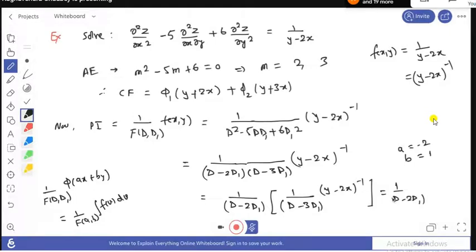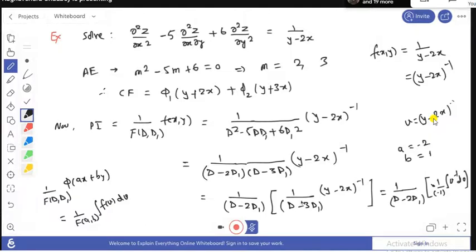यहाँ पे मेरा -1, so this becomes 1 upon -1, इसको हम हटा दें, 1/-1, if you solve this thing, and this is your v, because v equals to y minus 2x. Okay, so if you only put this thing, so this becomes integral v to the power minus 1 dv.